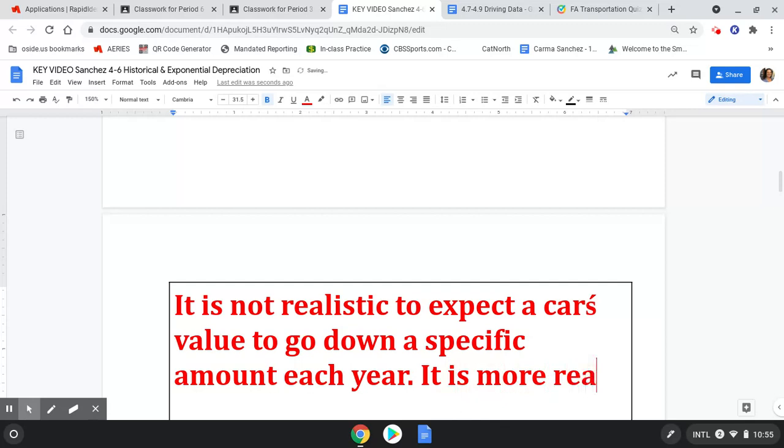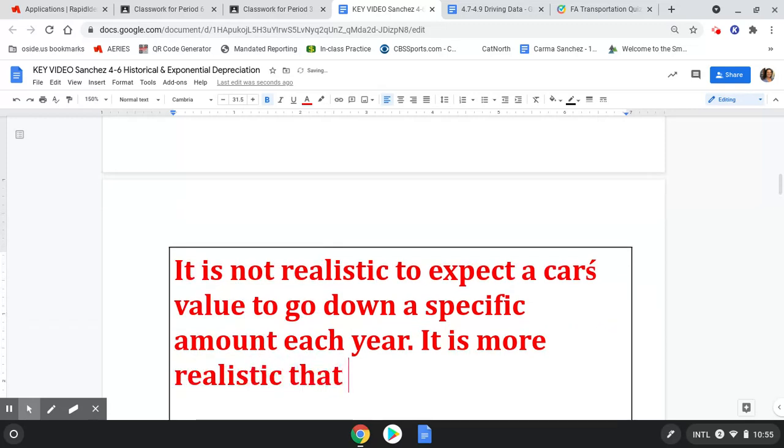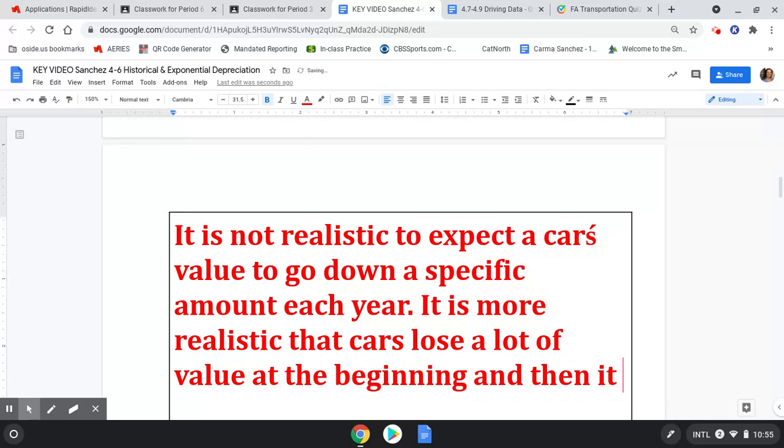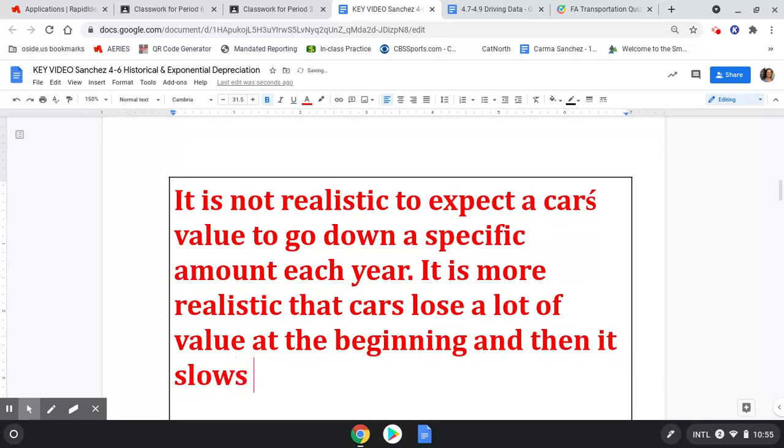It is more realistic that cars lose a lot of value at the beginning and then it slows down. Picture when you drive that car off the lot, it goes down a lot.